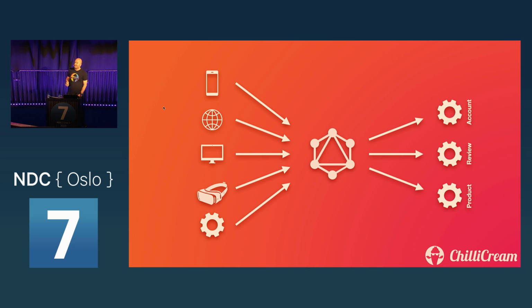And in such a setup, instead of having these REST services or gRPC services behind our GraphQL gateway, we would swap them out with GraphQL servers. So we would compose our gateway from subgraphs. Each of these GraphQL servers really represent a subgraph that make up this GraphQL gateway.